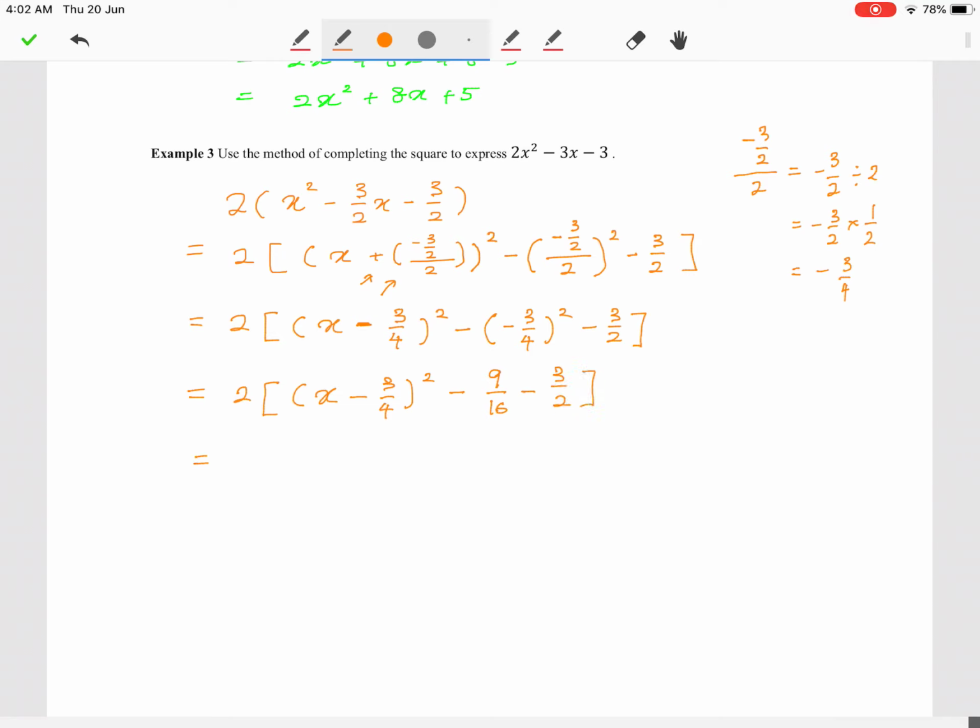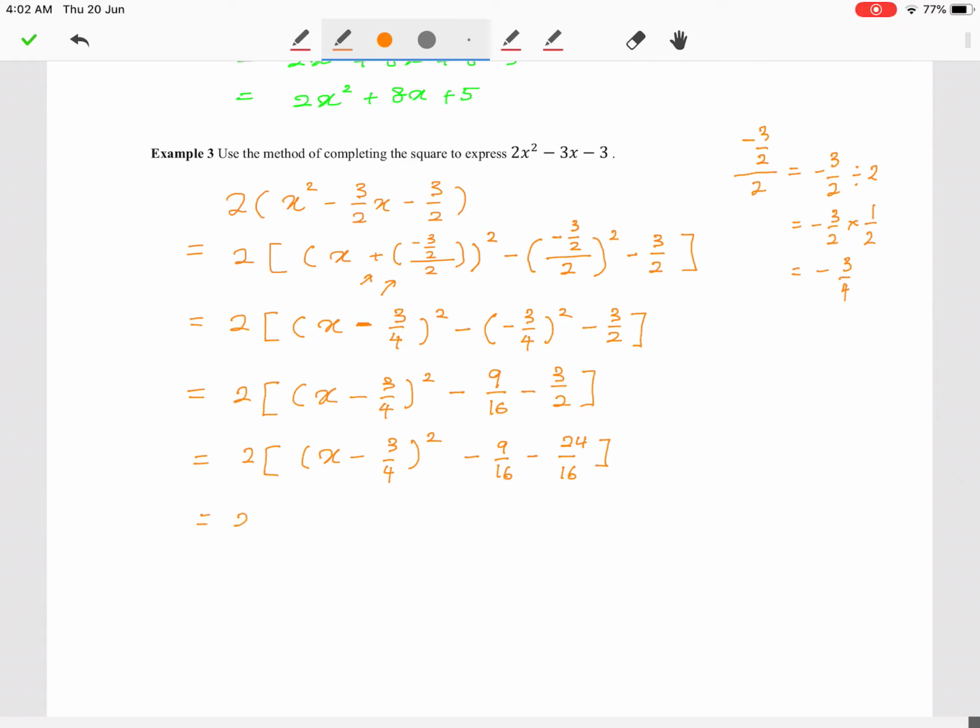If you simplify the last two terms again, you're going to have x minus 3 over 4, squared, then you make the denominators the same, so you're going to have 9 over 16 minus 24 over 16, because you multiply top and bottom, numerator and denominator, by 8.